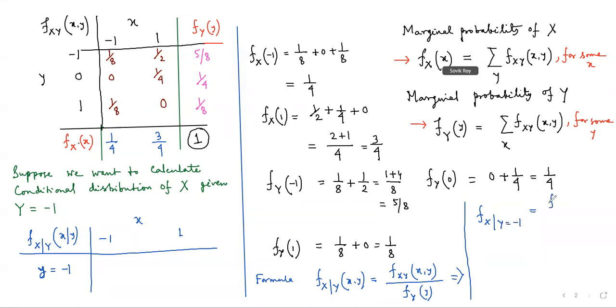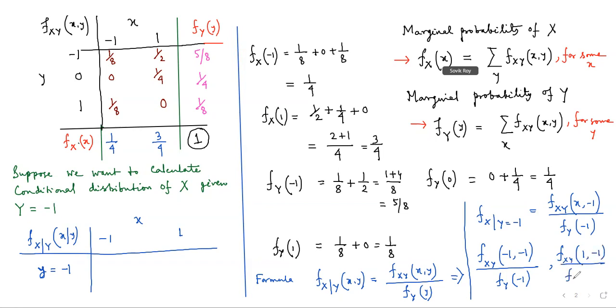That means we want f of XY at the point X equal to -1 and Y equal to -1, and f of Y at the point -1. There will be two values actually. One value is f of XY at X equal to -1, Y equal to -1. Another is f of XY at X equal to 1, Y equal to -1. These two values will be taken from the table. All the values have already been calculated from the table. We need to substitute them.